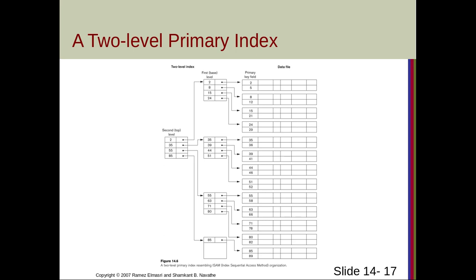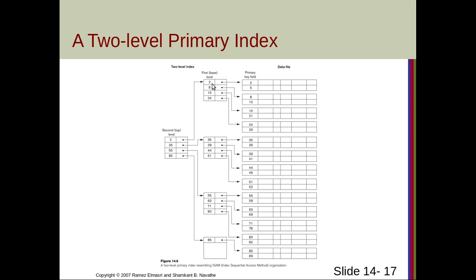See here, this is an example of a 2-level primary index. Here you can see that this is the second level index. In the primary level you have 2, 8, 15, 24. Here 2 is pointing to the record 2, and in that block we have another record having primary key field of 8.